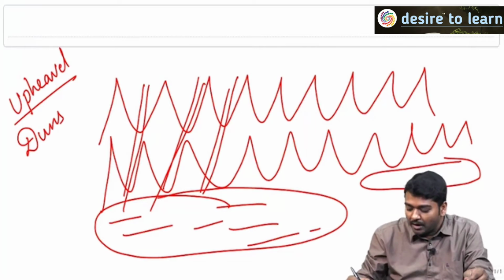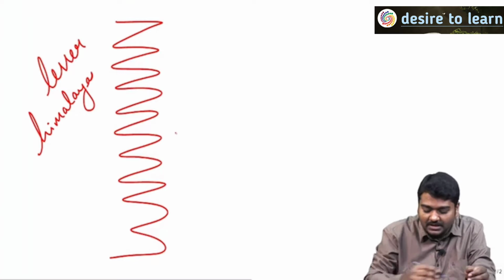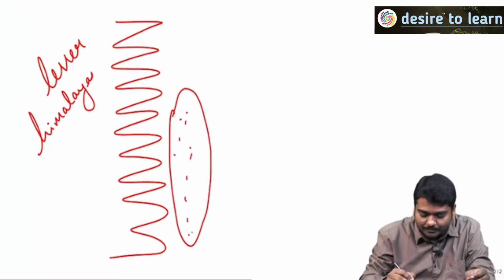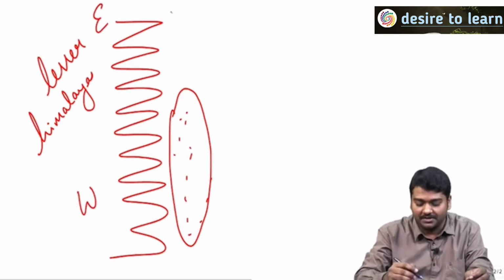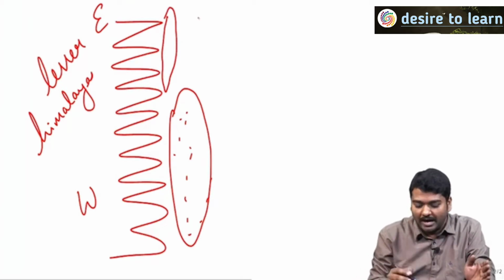Right? Now, if I show you the longitudinal version, if I am talking about this as the Lesser Himalayas, sedimentary deposits have taken place in this region. So this is your western side, this is your eastern side. Here the sediments are less. So now what happened?